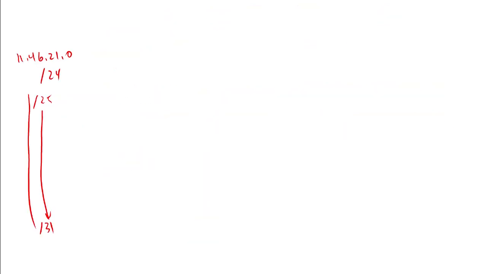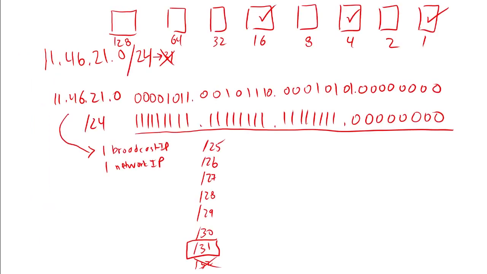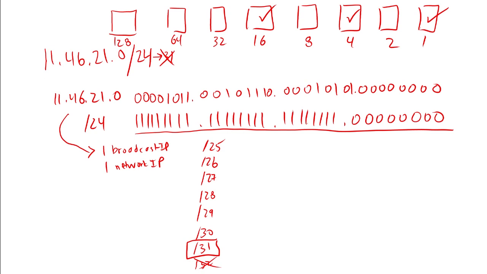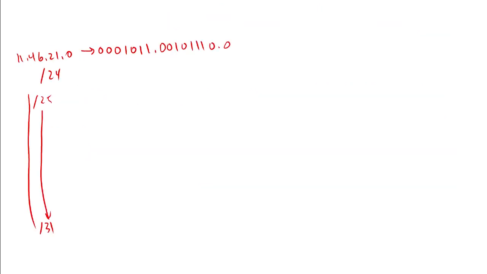So we're going to do some math here. 00001011 dot 00101110 dot 00010101 dot 0, and then 0000000. Oops, that.